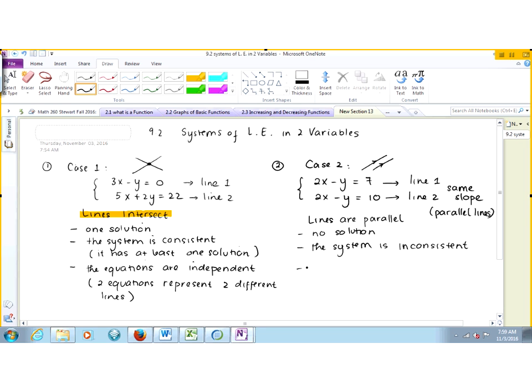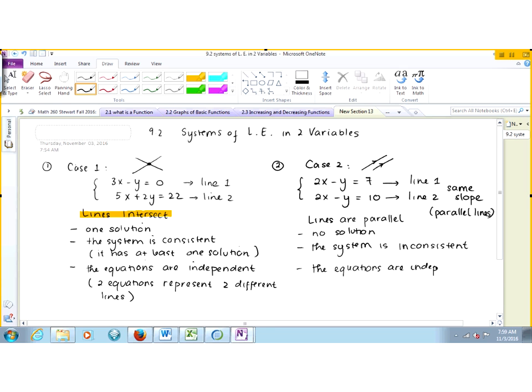So why is it inconsistent? Because there is no solution. We say that 2x minus y is equal to 7, how come in another one we say 2x minus y equals 10? That's not consistent. How about the equations, are they dependent or independent? Yes, they are independent.